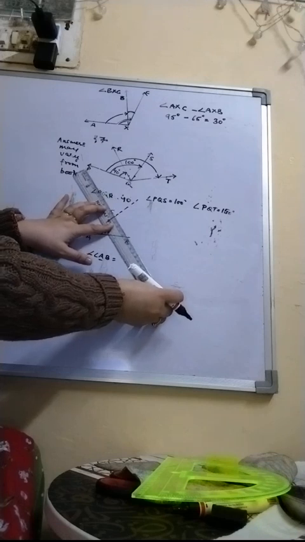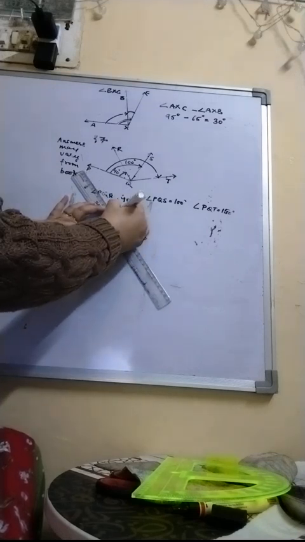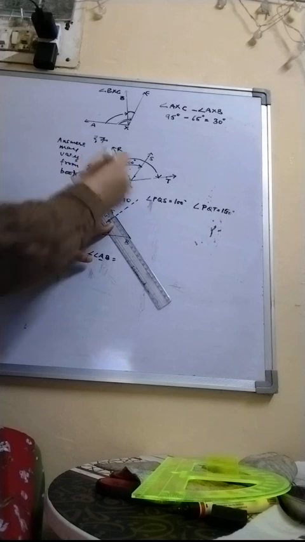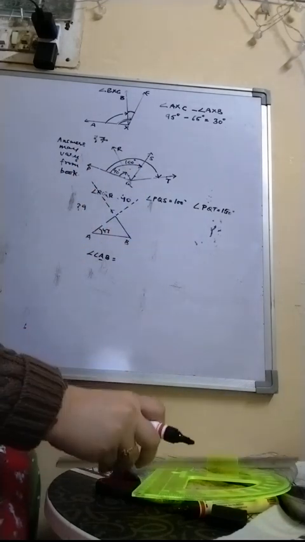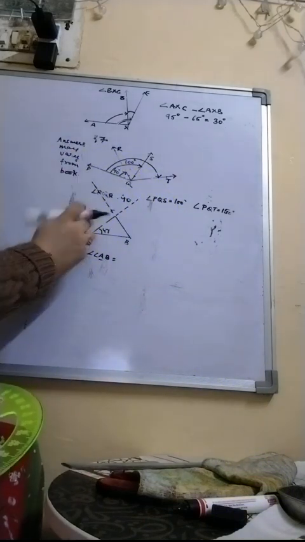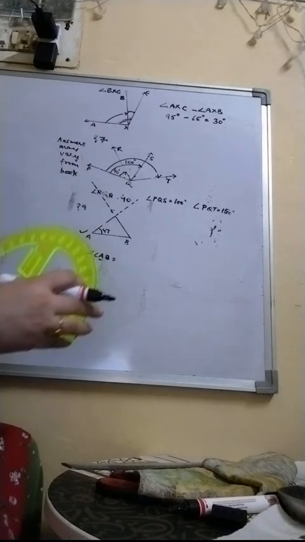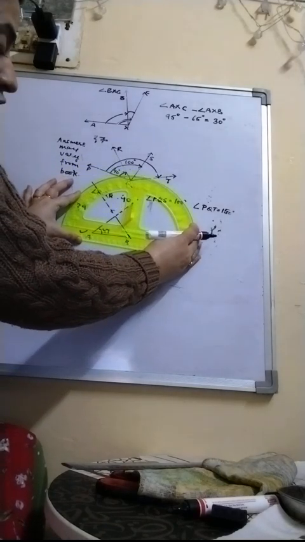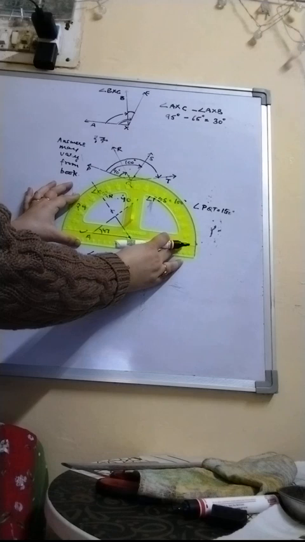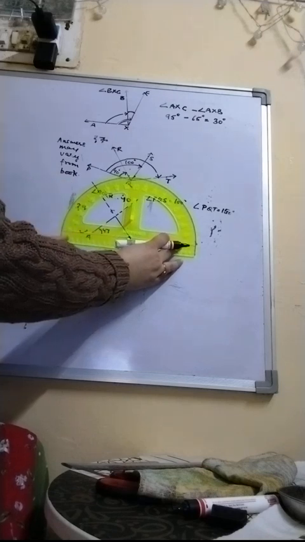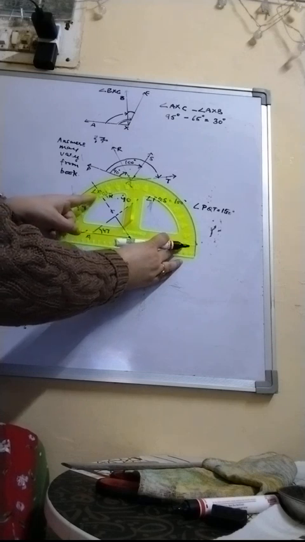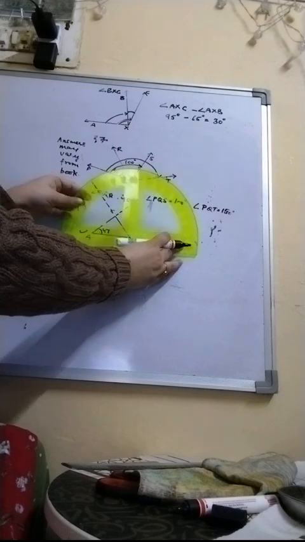So let me join BC. Now we will take another vertex, say B. So we have already taken A. Now the next vertex is B, because there are 3 angles. So we would now take the protractor to the second vertex, which is B, and align the line with the 0 line and start measuring the angles. So 10, 20, 30, 40, and it is coming out to be 50.